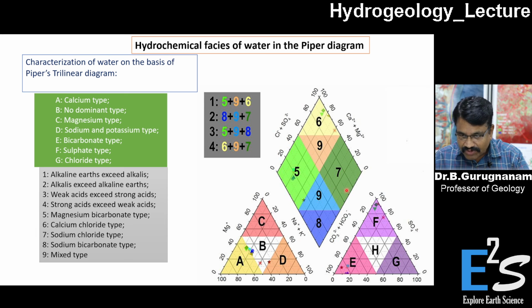If my sample falls here, strong acid exceeds weak acid. If my sample falls in 5, magnesium bicarbonate type; in 6, calcium chloride type; in 7, sodium chloride type; in 8, sodium bicarbonate type; and 9 is mixed type of water. So this is how we normally do the interpretation to pinpoint the exact type of water.